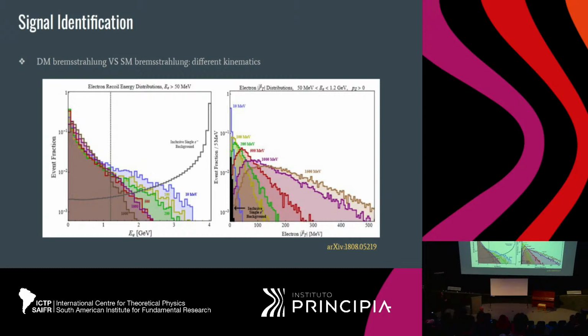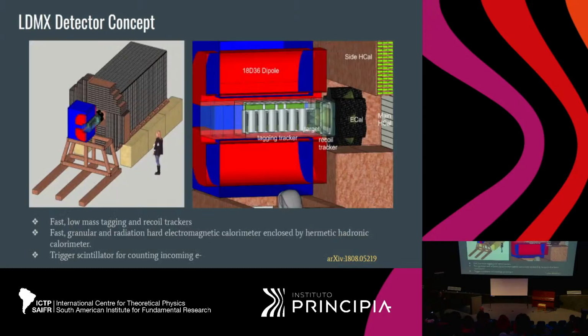And if you go down and down with masses, so at 10 MeV, you can see that this goes in the direction of the background, so you will have less rejection power. But still, this is the proof of how measuring the missing transverse momentum is really something that can help you in rejecting the background for this experiment.